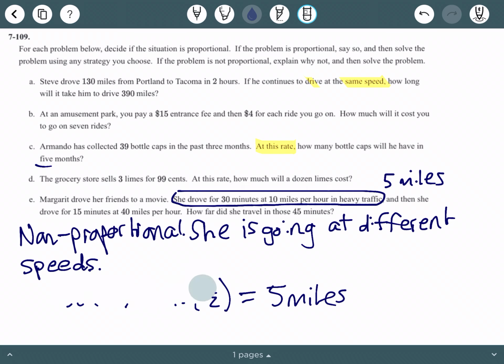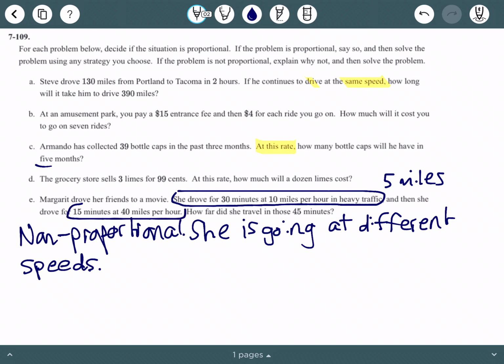Let's go ahead and take a look at the second part of her trip. So the second part of her trip, she's going 15 minutes at 40 miles per hour. I know that since she's going 15 minutes, that is a quarter of an hour.